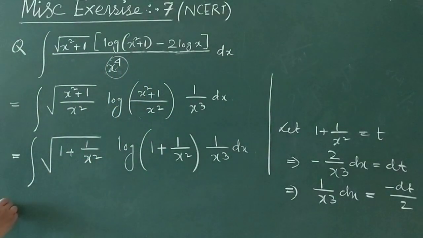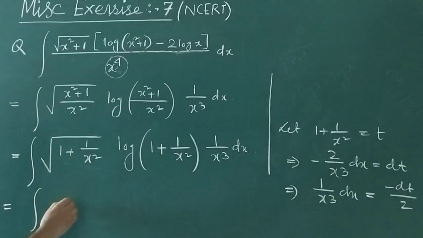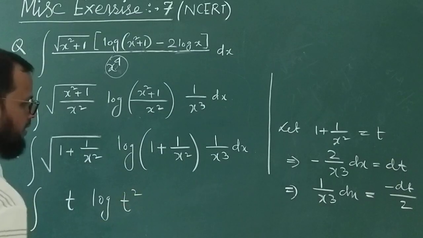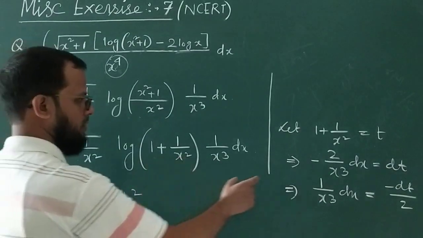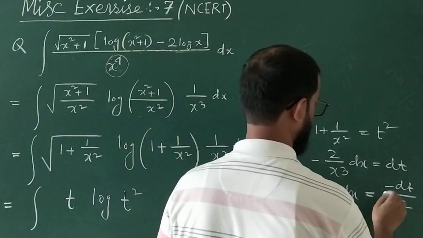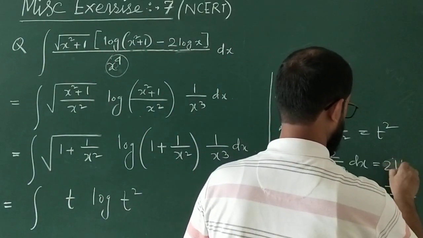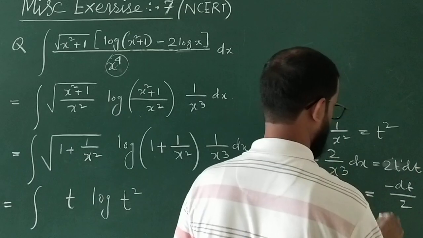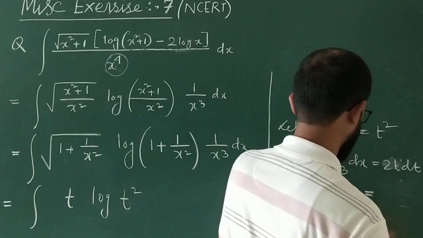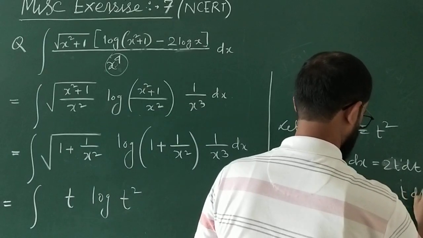So use the substitution here. Root over t square means t, and it is log t square, because it is 1 plus 1 by, I'm sorry, here you can take this as t square, that will be, I'm sorry, here 2t dt, and ultimately the 2 will cancel and it will remain minus t dt.